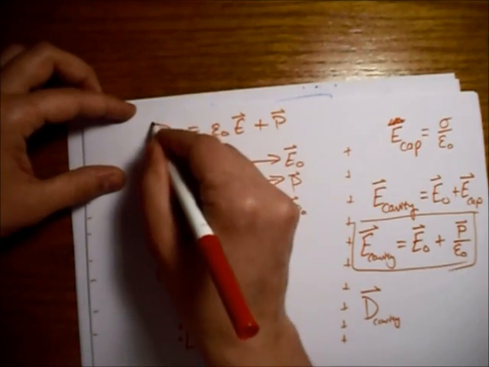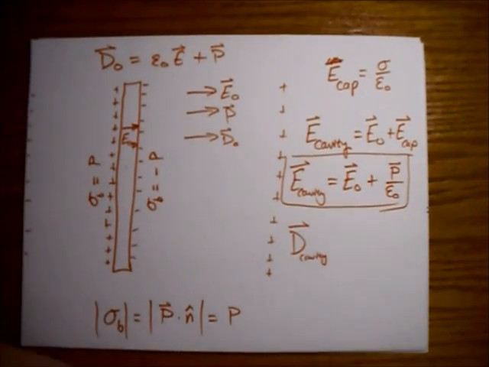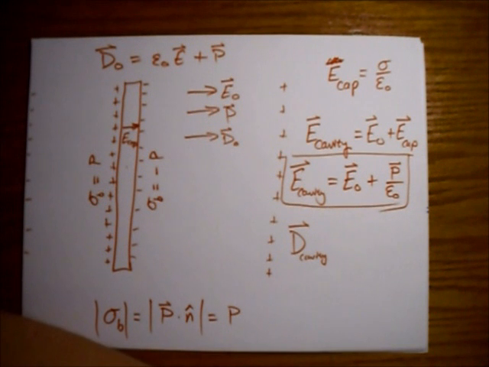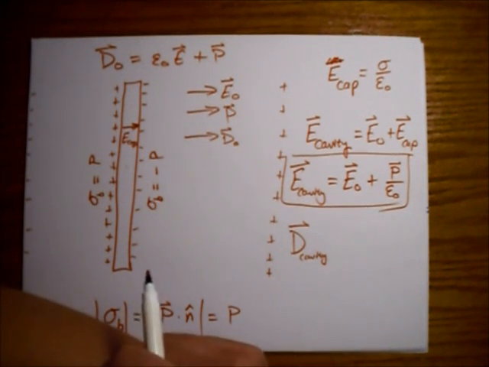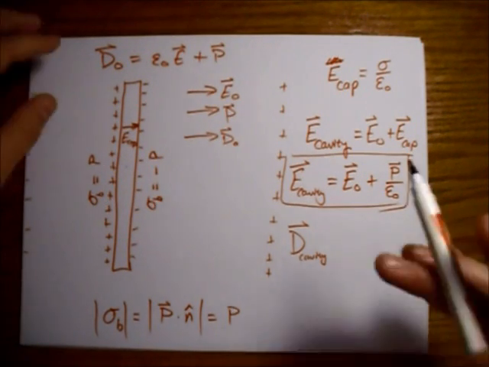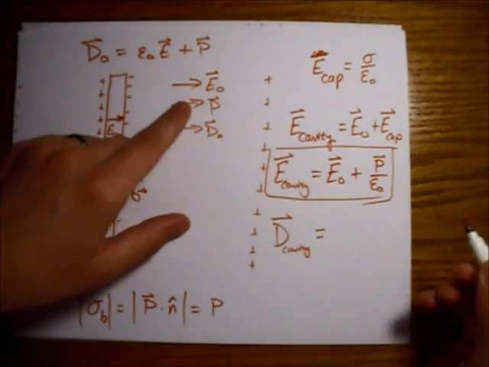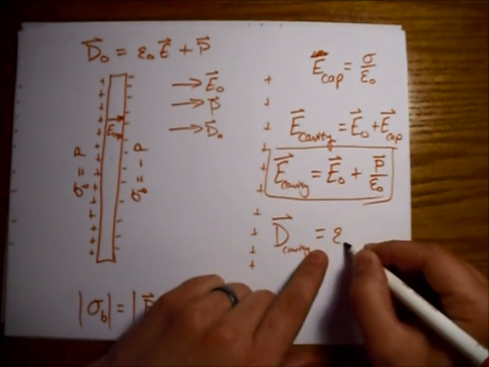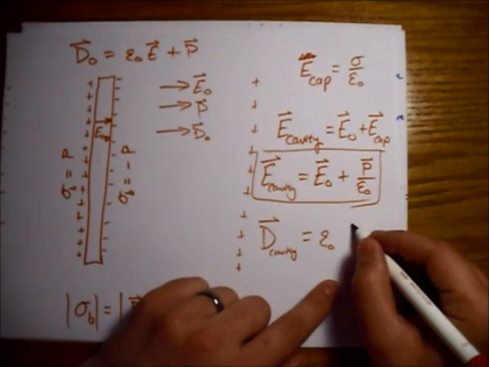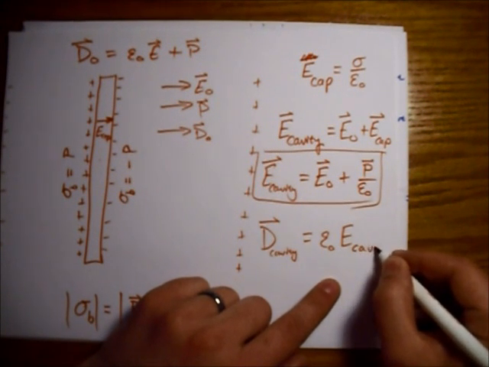Now we have to find the displacement of the cavity, which is just equal to the permittivity of free space multiplied by the electric field of the cavity.